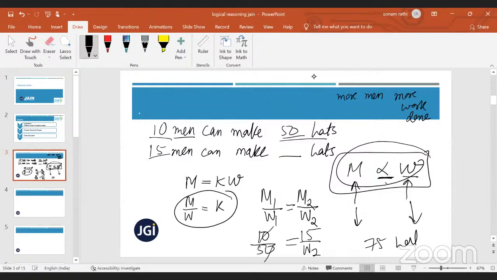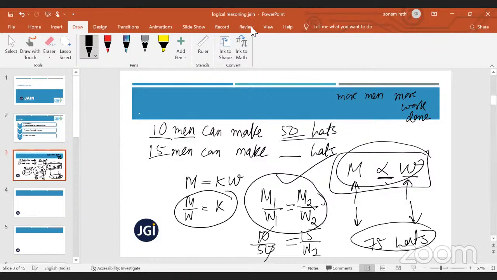Yes or no? So this is easy. Whenever men and work is given to you, you will use this formula. Okay, note it down. Men and work is directly proportional. So M1 upon W1 equals M2 upon W2. Correct? Okay. Next.